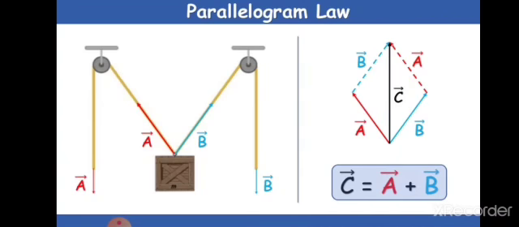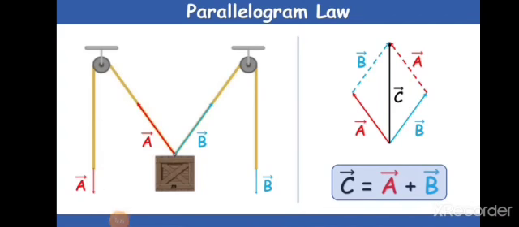It states that if a number of vectors are represented in magnitude and direction by the sides of a polygon taken in the same order, then their resultant vector is represented in magnitude and direction by the closing side of the polygon taken in the opposite order.